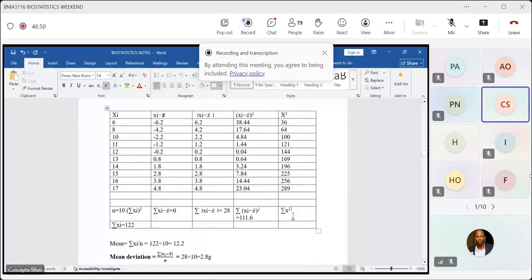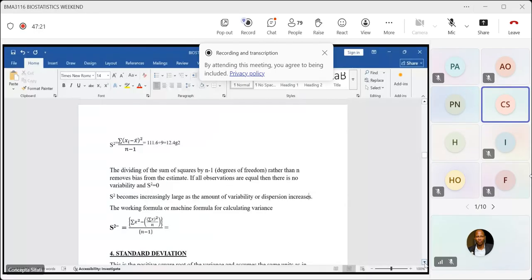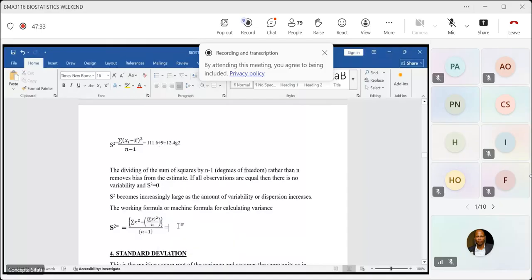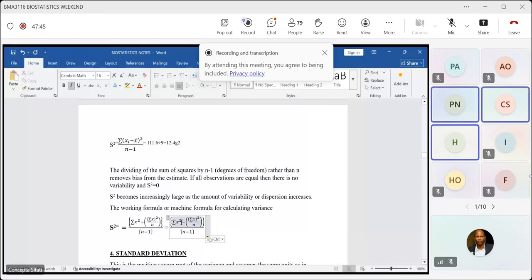What is the summation of that? 1600. So that is our first summation of x squared.